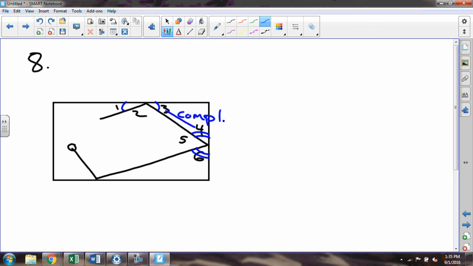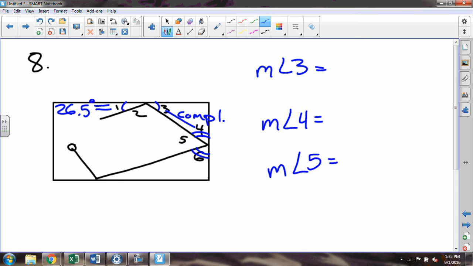Based on that information, and also knowing that the measure of angle 1 is 26.5 degrees, we want to determine what is the size of angle 3, what is the size of angle 4, what is the size of angle 5. So which ones can we get right away? Immediately, because these are congruent angles, 1 and 3 have to be the same.